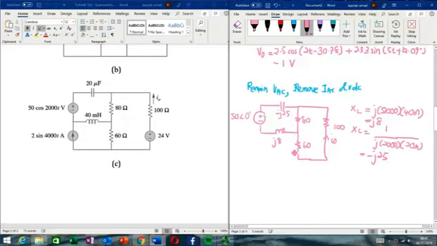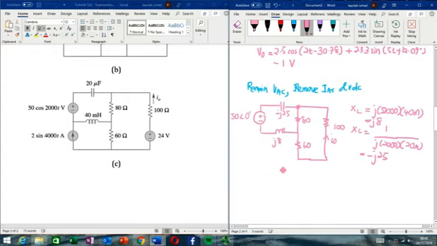Alright, since the 100 ohm and 60 ohm resistors are in series, the current flowing in the 60 ohm and 100 ohm is the same. Also, the voltage measured at the 80 ohm resistor is equal to the voltage measured across the total of this resistance, since these two are in parallel.